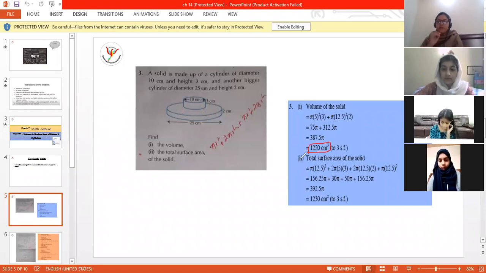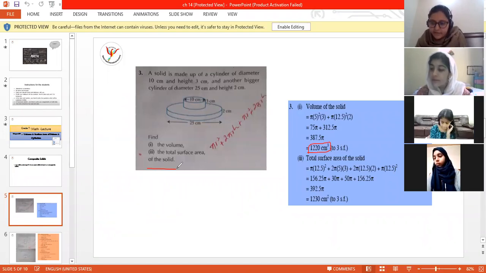If you have any question regarding the volume, then please raise your hands. Okay, fine. Now come towards the total surface area of the solid. If I'm talking about the surface area of the solid, it means that you have to calculate only that area which can be seen by your eyes easily, right?